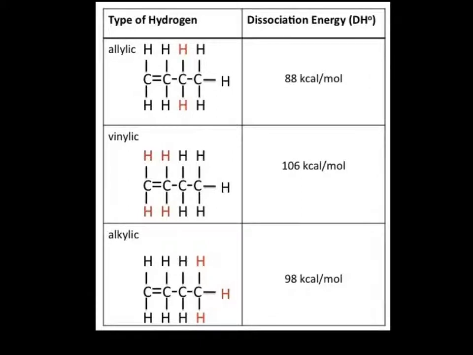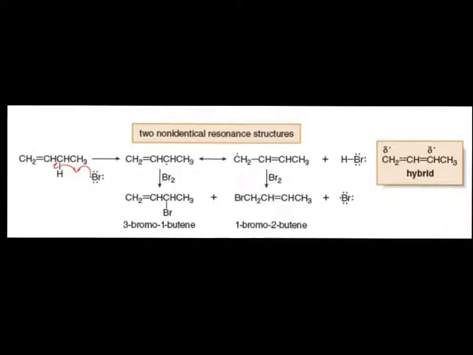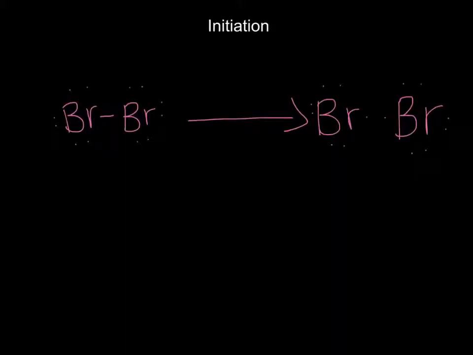Since the halogen concentration is low, the allylic position is favored over the vinylic and alkylic positions. Whenever two different resonance structures can be drawn for an allylic radical, two different allylic halides are formed by radical substitution. Perfect. All right, gang, we're going to walk you through radical chain mechanisms for allylic bromination.